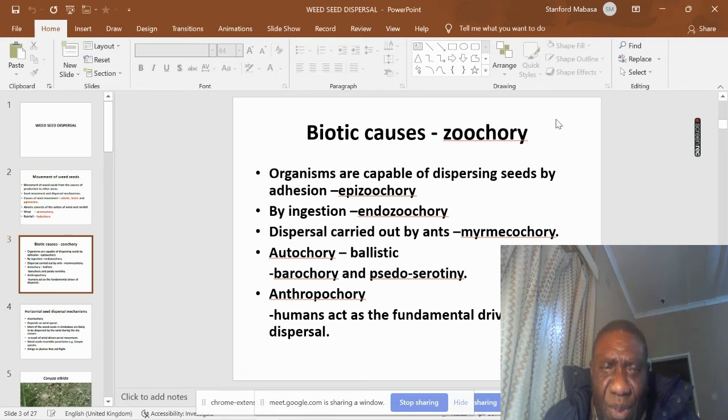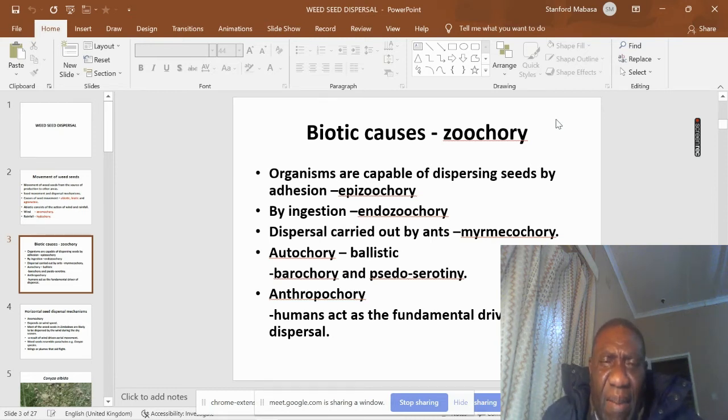That process we call epizoochory, where you get seeds attached to animal skin and then they are dispersed. Now, if the seeds have to be eaten and pass through the animal duct without being damaged, that is endozoochory.